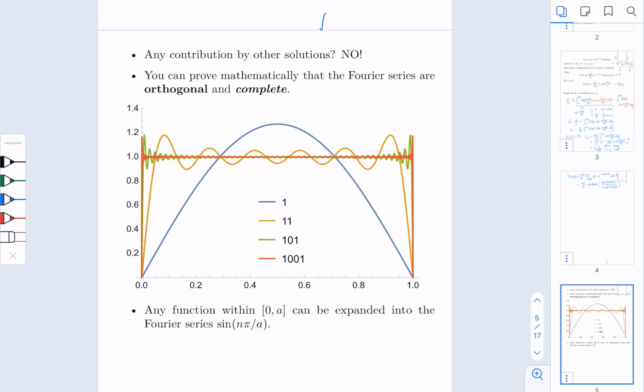If you include n up to infinity, then the difference of the two is almost zero. This completeness is not easy to prove, and that is what the mathematicians told us. It's a very complicated problem to really prove that all these functions are a complete basis.